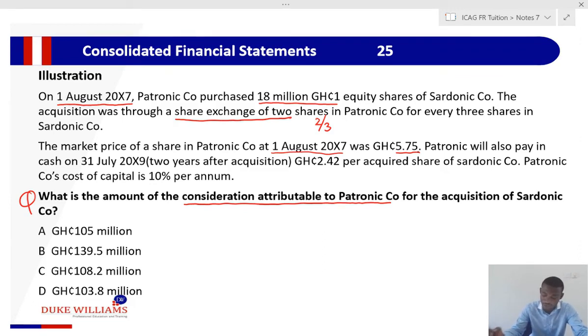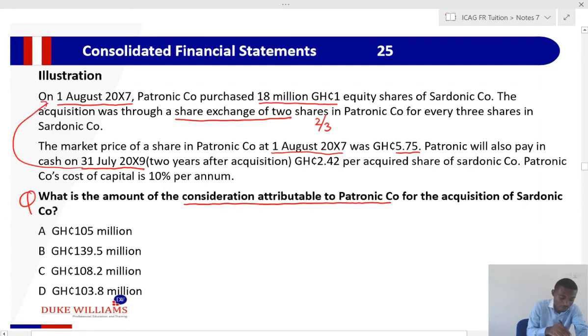Now Pantronic will also pay in cash on 31st July X9. So we have to be able to determine from the date of acquisition to the date they will pay how many years away. Now this question is simple because we were given that it is 2 years after acquisition. If it is not given, you can easily know. Just count from the date of acquisition to the date they will make the payment.